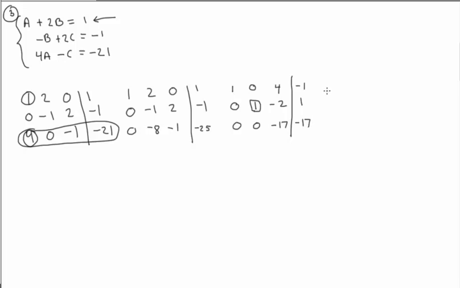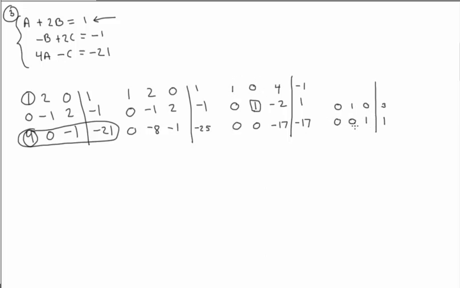Okie dokie. So we have now, I want this to be 0, 0, 1. I can get that by dividing by -17. And what can I do? Some manipulation here. So 0, 1. If I multiply by -2 and add it. Okay, I'm looking at here, and what do I need to do to this?